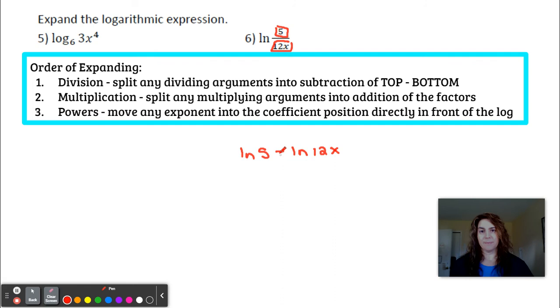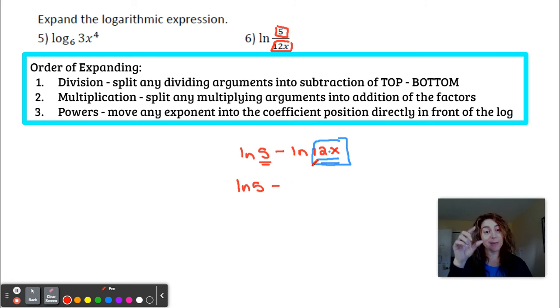Okay, now when I look back at each piece, 5 is just the argument. There's nothing there that is being used with it. But 12x is actually 12 times x. So this guy needs to get simplified or expanded even further. Okay, so ln of 5 I'm not touching.